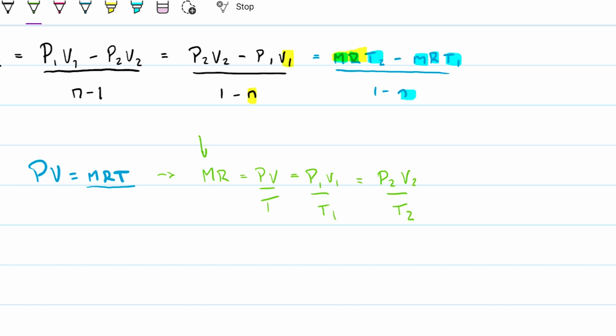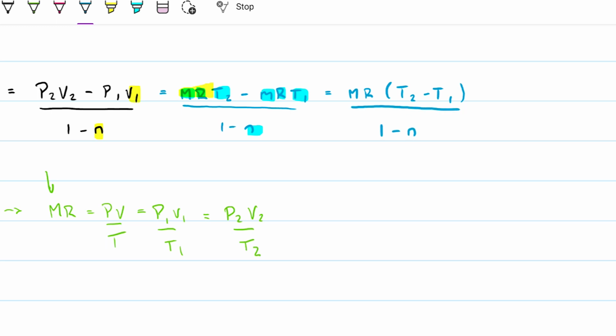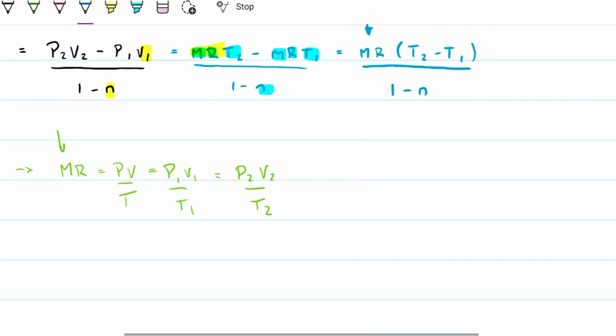They're the same. Okay? If they are the same, this guy here becomes mR multiplied by T2 minus T1. And how convenient is that? Because then all I need to do is find out what this value is and everything else I have.